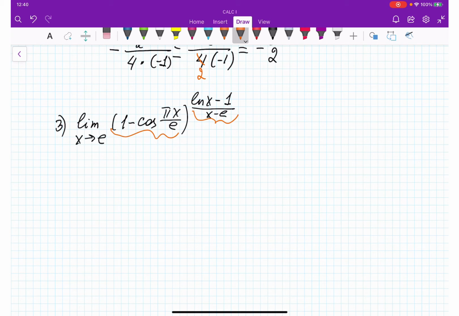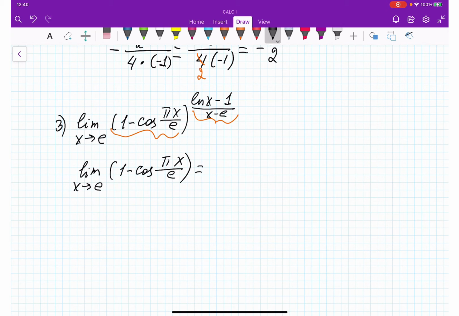So let's do it. Limit x approaches to e, 1 minus cosine pi x over e is equal.